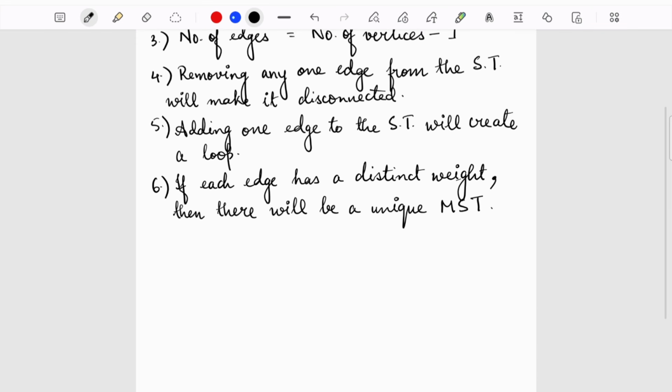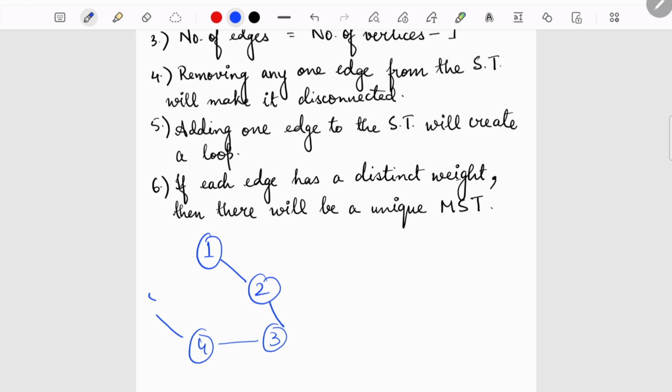I'll just give you an example for this. This is the example that I was using till now. This is your graph G. When you create a spanning tree corresponding to this, the number of vertices must be equal.